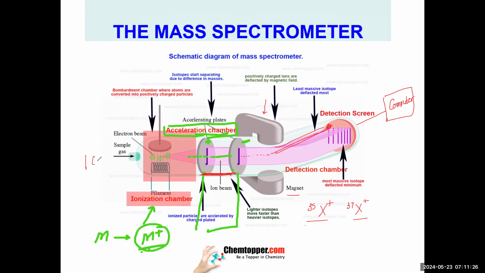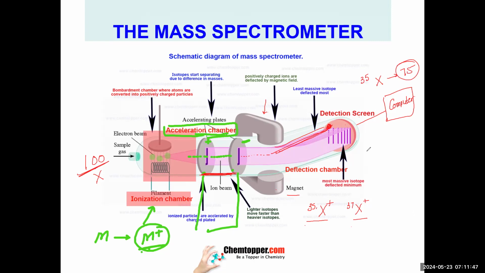Let's say you introduce 100 atoms of X. Here these 35 particles are colliding and this computer is counting. And let's say X 35 is 75, right?